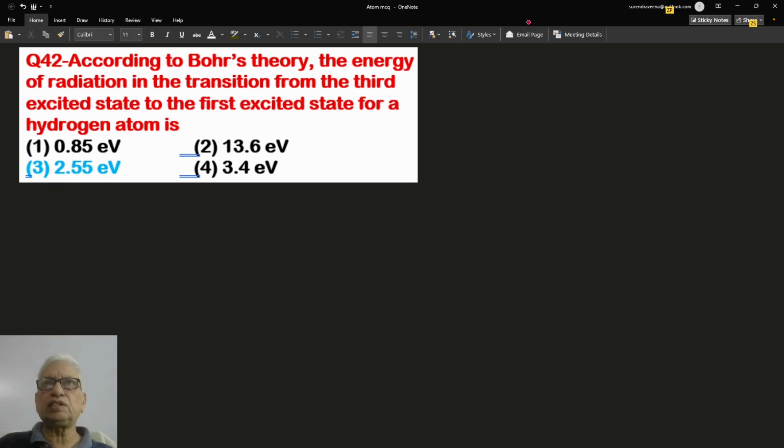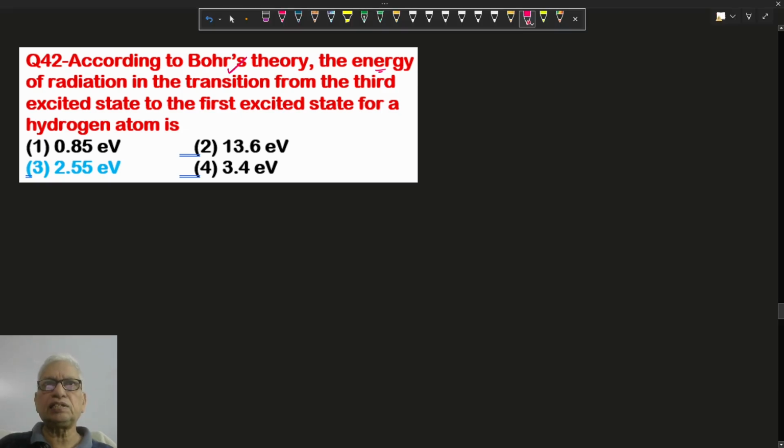In this question, according to Bohr theory, energy radiated in the transition from the third excited state, meaning n is equal to 4, to the first excited state, meaning n is equal to 2. Energy is given as minus 13.6 upon n square in electron volts.